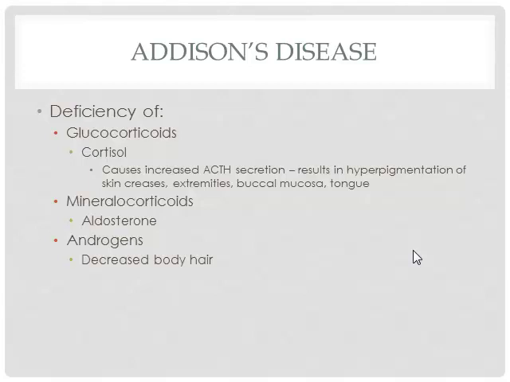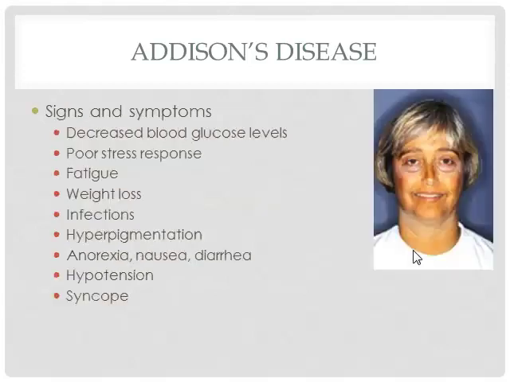That results in the sign of hyperpigmentation in the skin creases on the face, as you'll see in a second, on the extremities, the mucosa, and or the tongue. For mineralocorticoids, it results in aldosterone changes, which again is going to affect the retention of fluid. Androgens are going to result in decreased body hair.